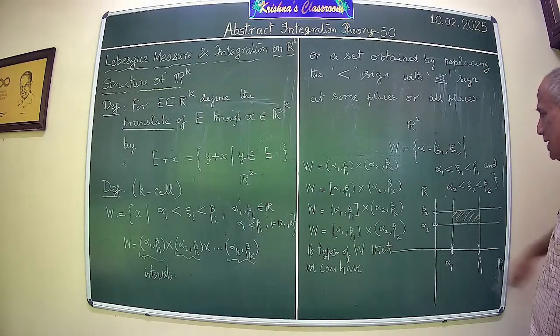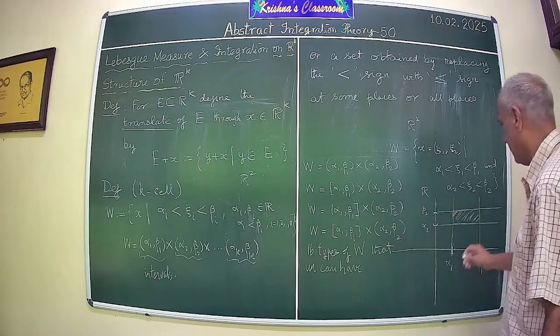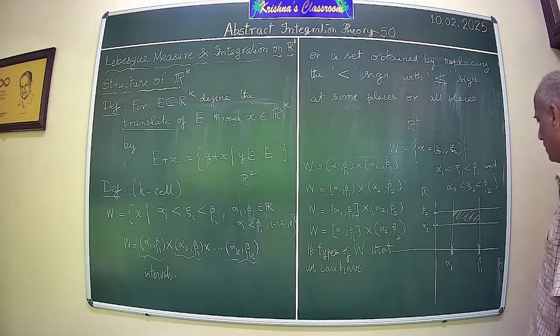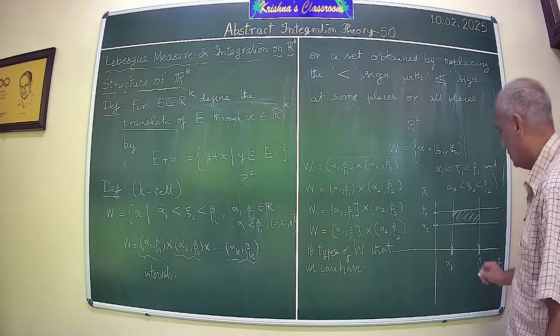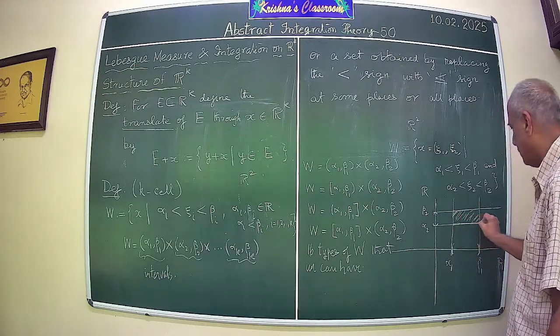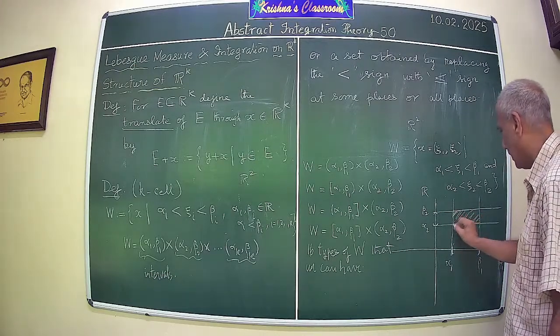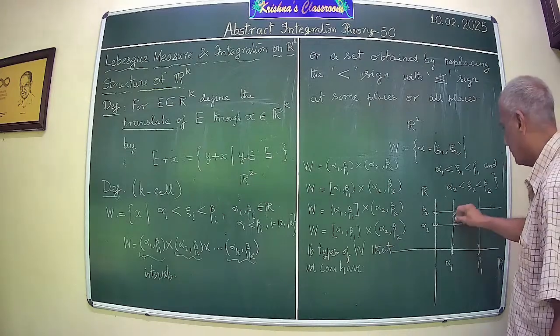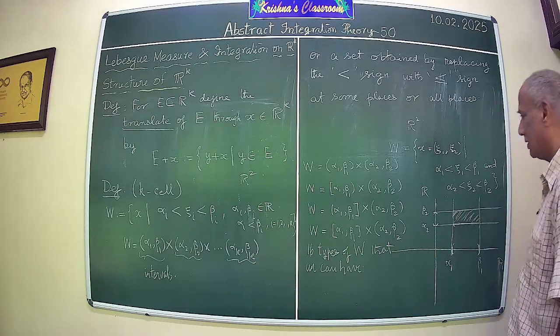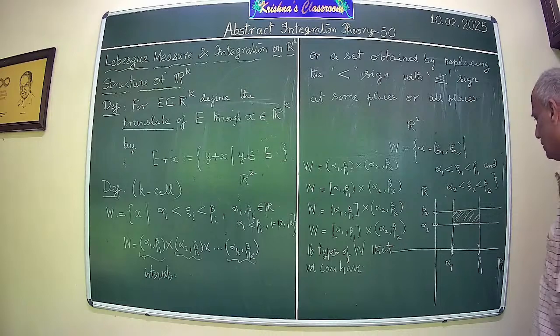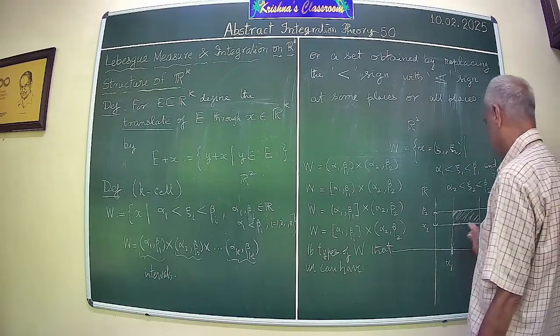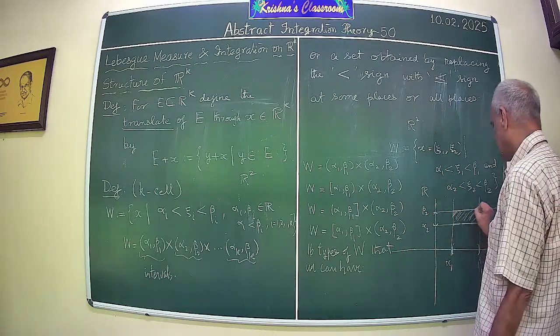For instance, in the second one that you have considered, this open line will be included, with all other points remaining the same. In the third one, it is going to be this line.